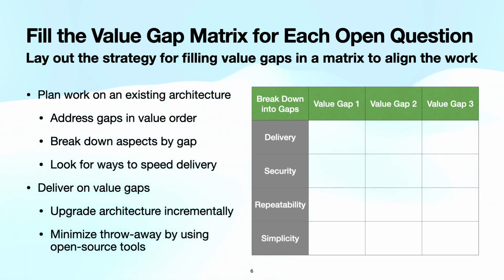And we deliver on value gaps incrementally, and we want to minimize the throwaway code at every step by using open source tools. But we don't want to forget anything, and that's, I think, why I have delivery, security, repeatability, and simplicity as necessary fields that need to be filled in for each iteration, or could be concurrent iterations of the value gaps in a project.